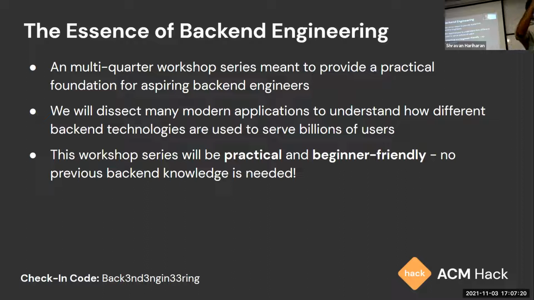Like I said, it's meant to be practical and beginner friendly. So if you don't have any backend experience, or if you're just looking to understand what backend is, this is the workshop series for you. If you're already familiar with backend and want to explore other technologies, we're going to be diving pretty deeply into some more advanced technologies a few weeks down the road, a few months down the road. So everyone's welcome in this series.